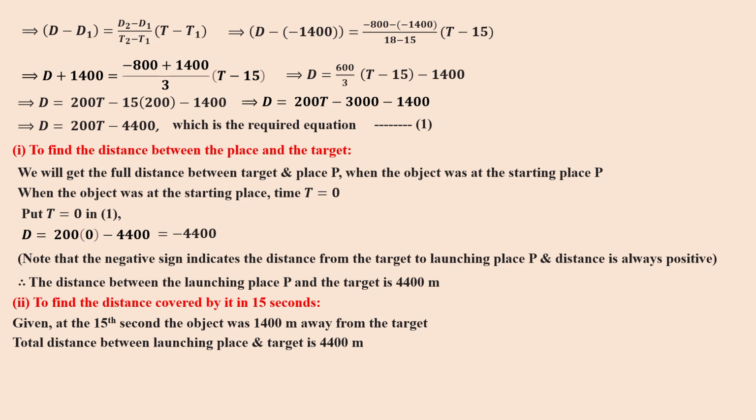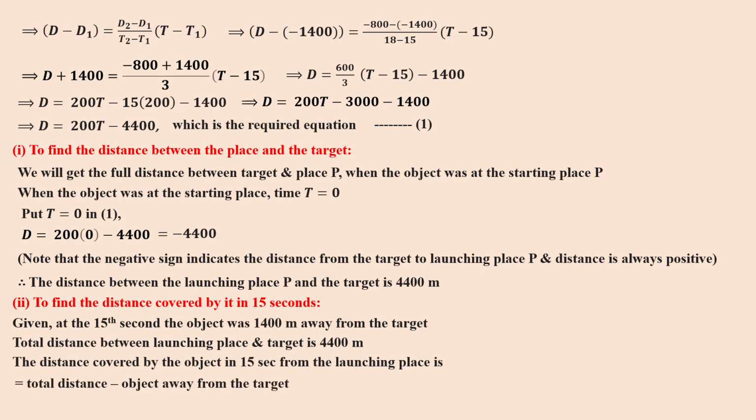The total distance between the launching place and the target is 4400 meters. The distance covered by the object in 15 seconds from the launching place is the total distance minus the distance of the object away from the target. So P is the position, this is the target, this is 4400 meters.